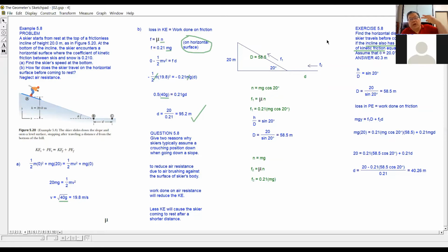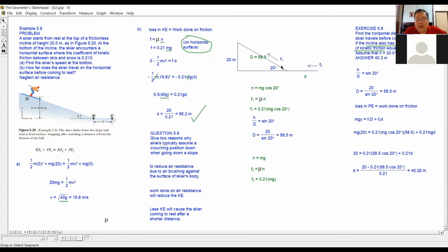So now we have two frictions. According to the work energy theorem, all the energy will be used up to overcome the first friction and the second friction. But before we can calculate the work done, we have to calculate the frictions F1 and F2.